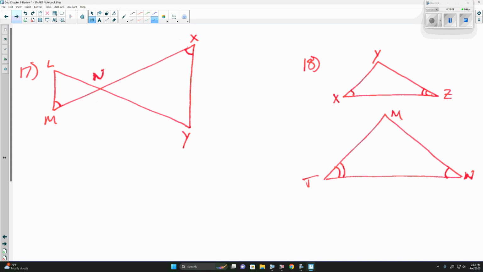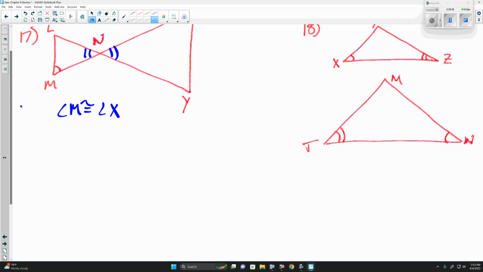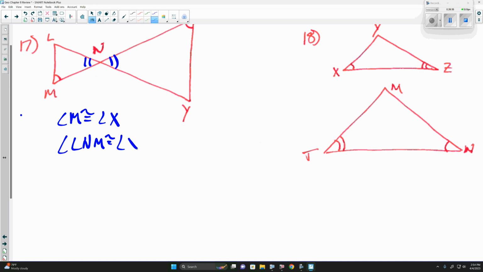17 and 18. Now 17 told us that angle M is congruent to angle X because we have our little angle markers. These two angles are congruent because of vertical angles. LMN is congruent to XYZ, either one, because they are the same angle.